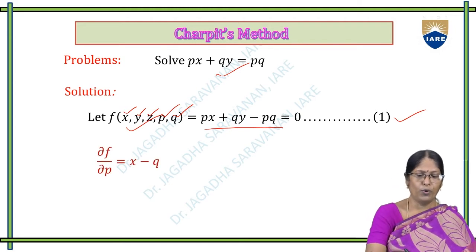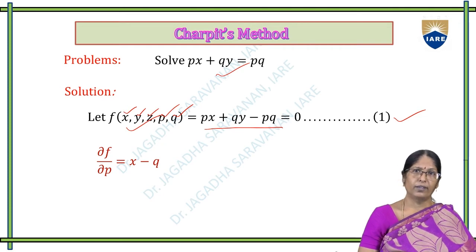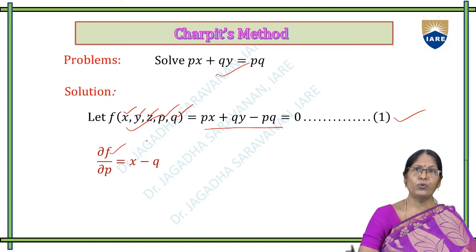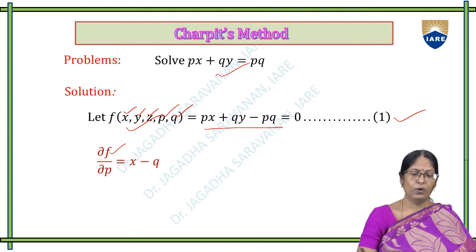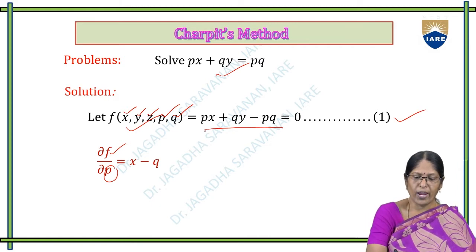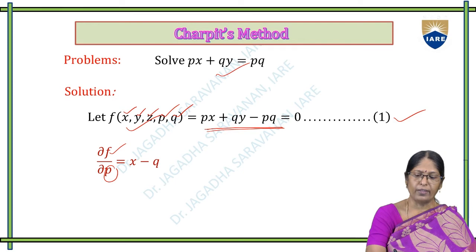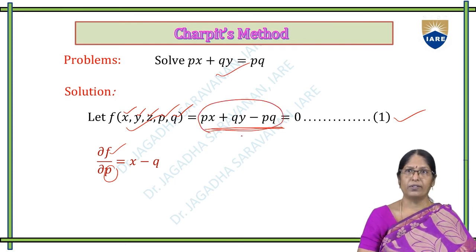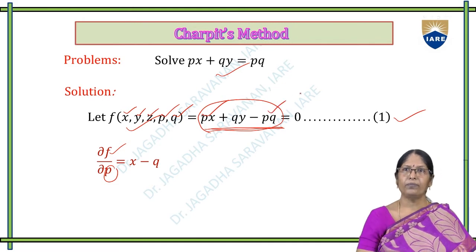Now ∂f/∂p: we have to differentiate f partially with respect to p. First we search where the variable p is there in the equation. Here and here.